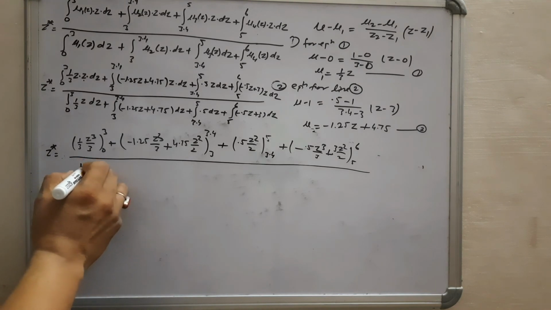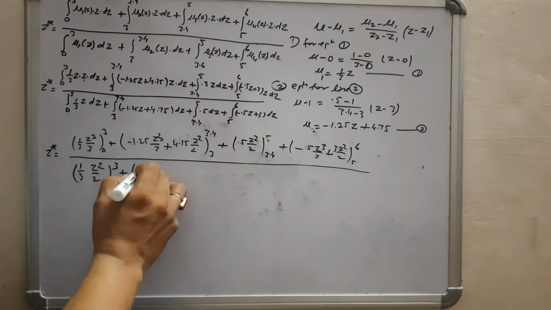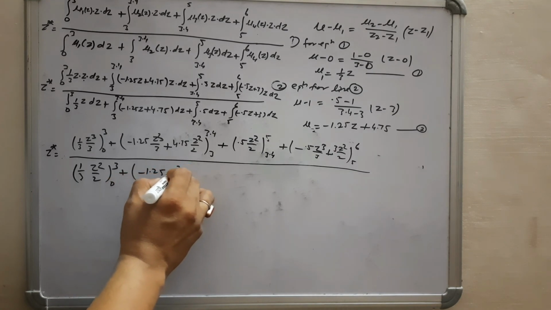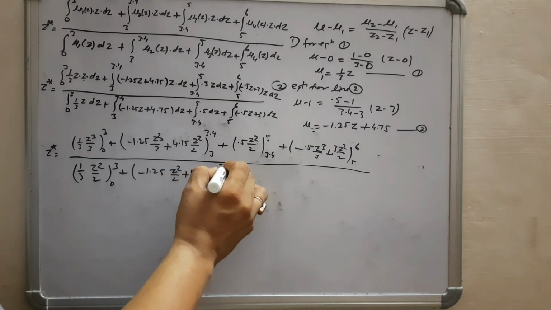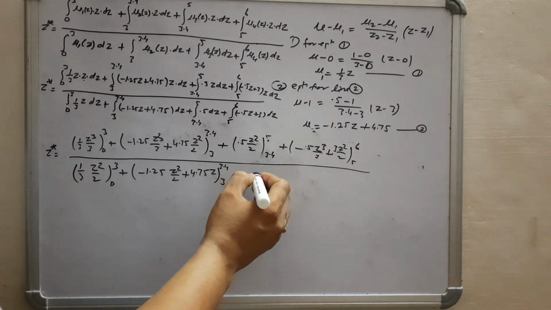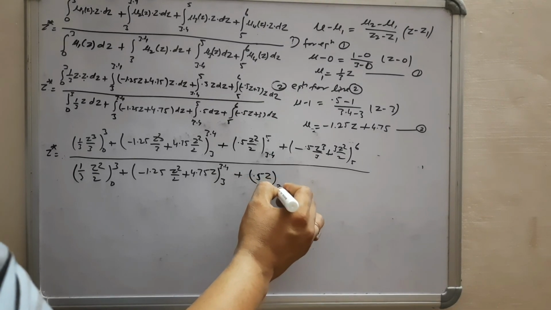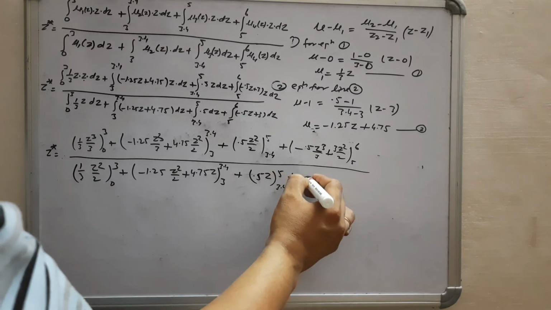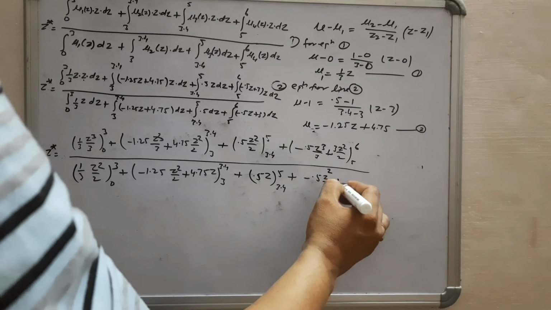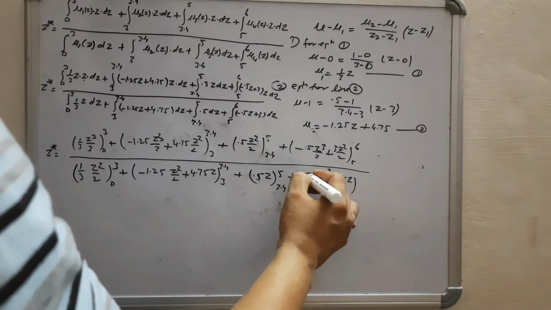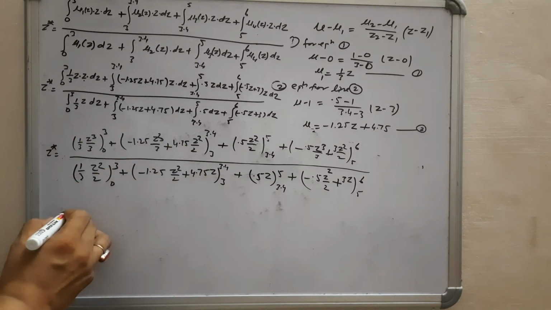And in the denominator, 1 by 3 z square upon 2, limit is 0 to 3, plus minus 1.25 z square upon 2 plus 4.75 z, limit is 3 to 3.4, plus 0.5 z, and limit is 3.4 to 5, plus minus 0.5 z square upon 2 plus 3 z, and limit is 5 to 6.